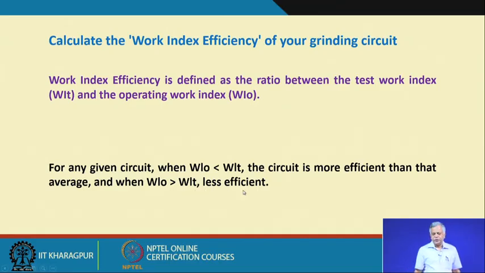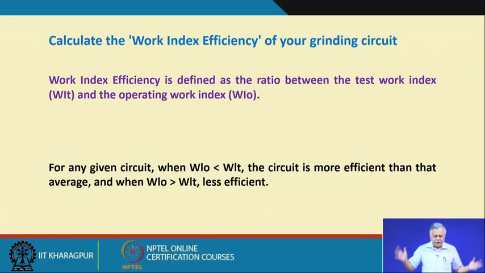and when WIO is greater than WIT, it is less efficient. That means, in a standard condition, if I break a particular rock from a particular specified size to another particular product size, how much energy would it essentially consume? So, that is the laboratory test.